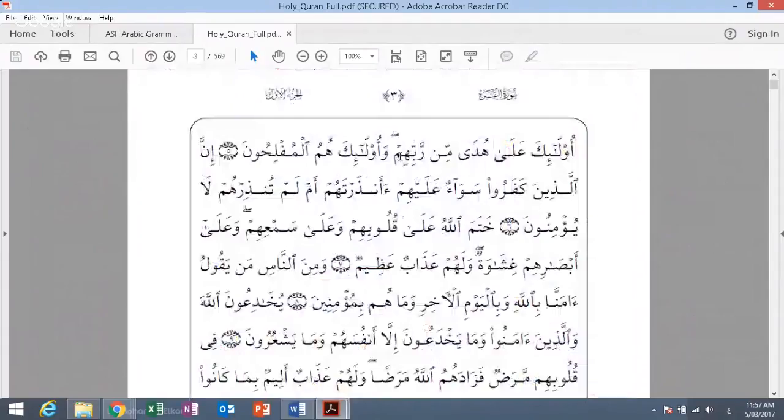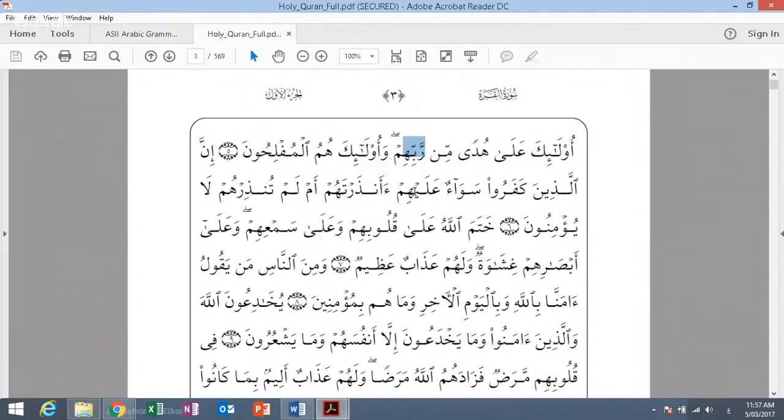Okay, now min rabbihim. Let's say Rabb: Rabbuhu, Rabbuhuma, Rabbuhum, Rabbuha, Rabbuhuma, Rabbuhunna. This Rabbihim is ghaib, jama muzakkar ghaib, dhamir majroor muttasil.